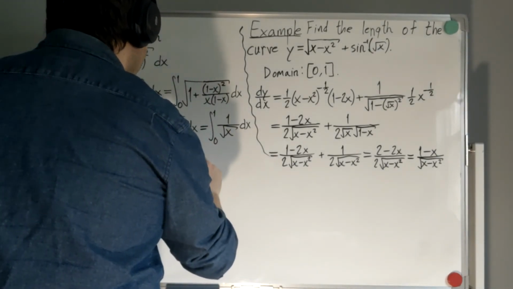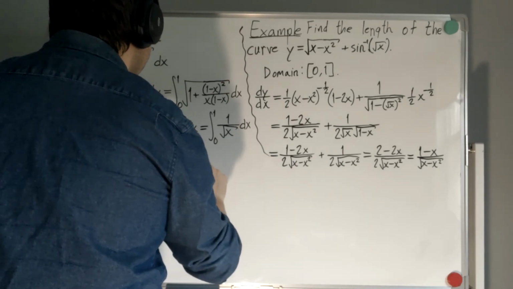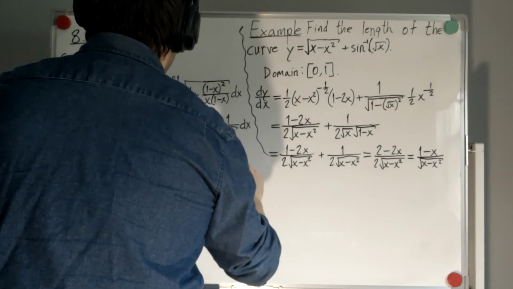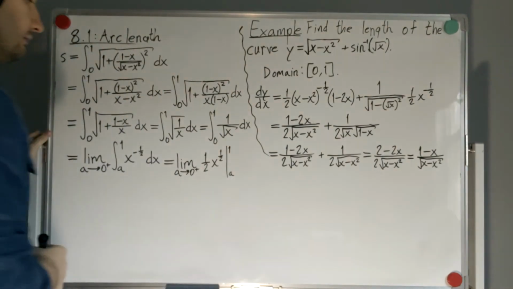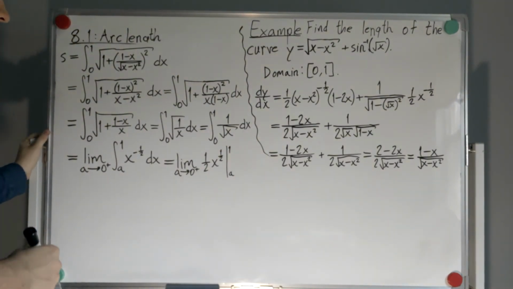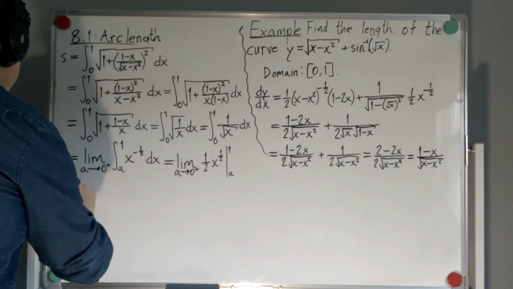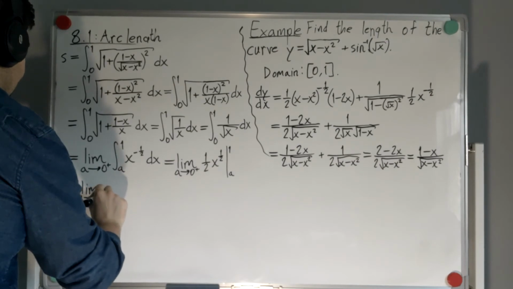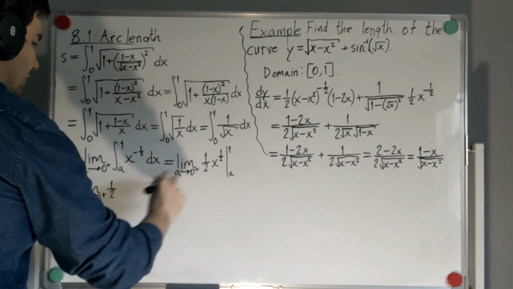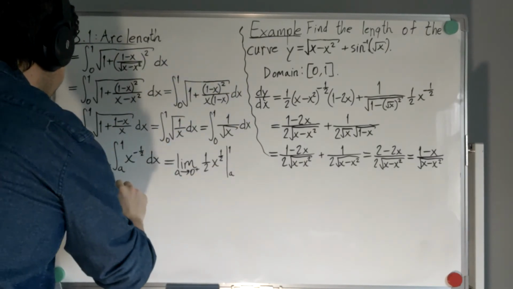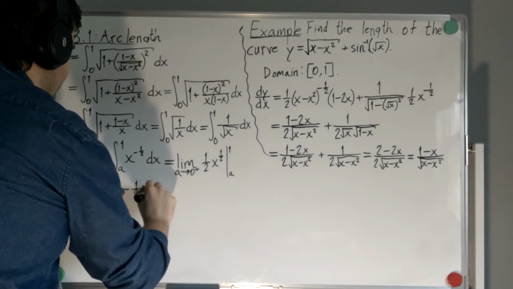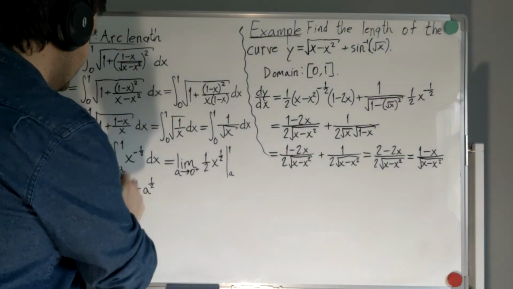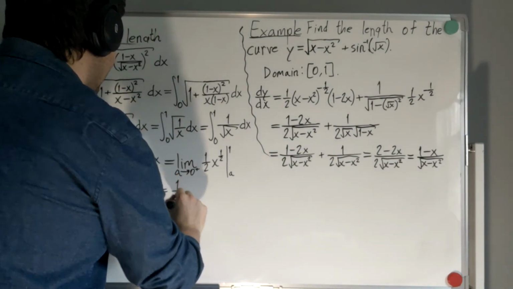So this becomes the limit as a approaches 0 from the positive side, 1/2 x to the positive 1/2, evaluated from a up to 1. Then this just becomes the limit as a approaches 0 from the positive side, 1/2 times (1 to the 1/2 is 1, minus a to the 1/2, which is just the square root of a). As a approaches 0, this last term approaches 0, and so then this just becomes 1/2.